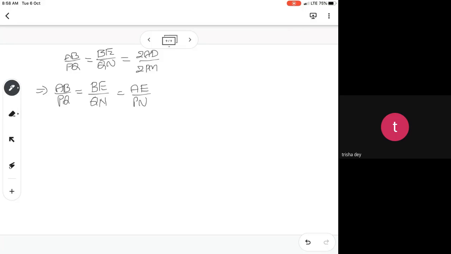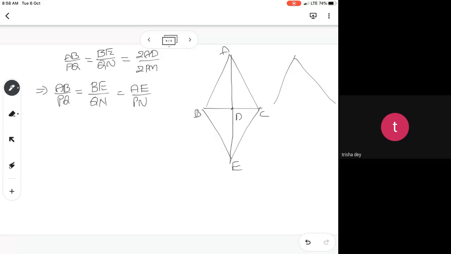Okay, so therefore, if you want, I am drawing the triangle here like this. You are having A, B, C, here D, and this is a point E. Here triangle PQR, if you are taking into consideration, PM is a median. Again I am drawing the figure, N is here, so that you can easily understand a little bit.